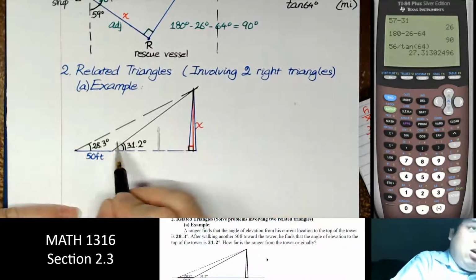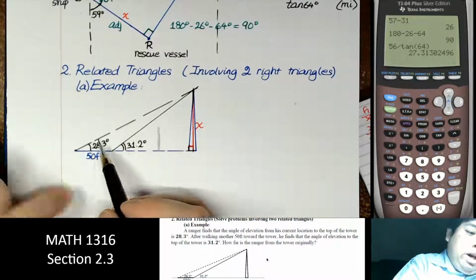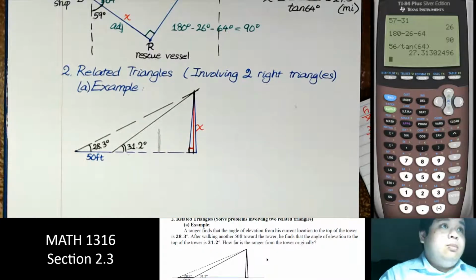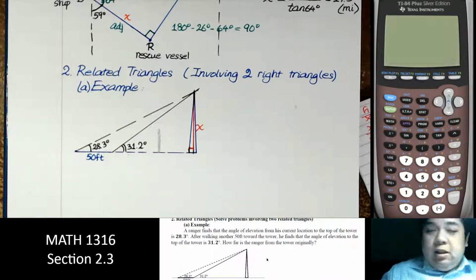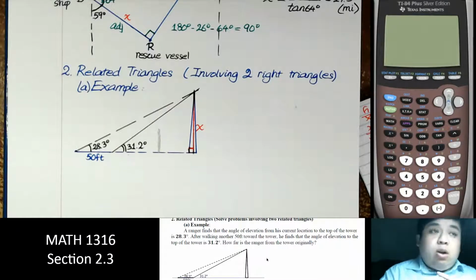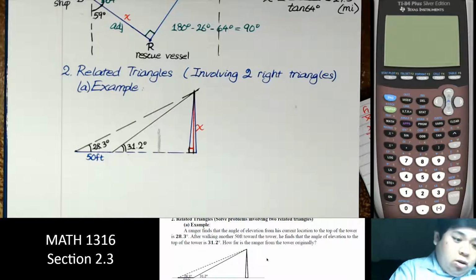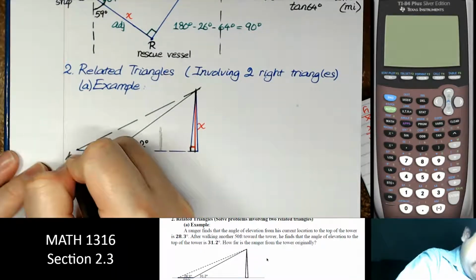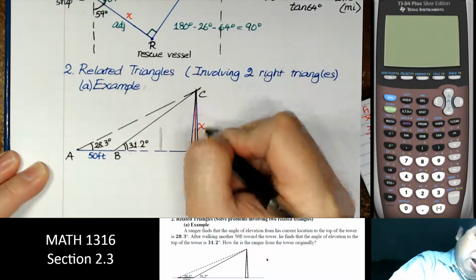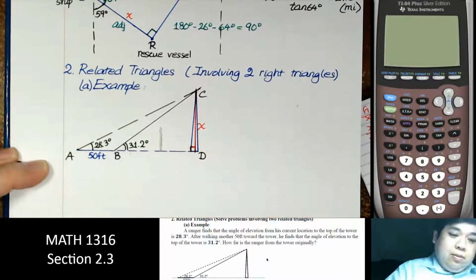All we can do is measure the angle here, the angle there, and this distance. So what can we do here? Usually for this kind of problem, we put some letters. Let's say we go from A, B, C, and then D.